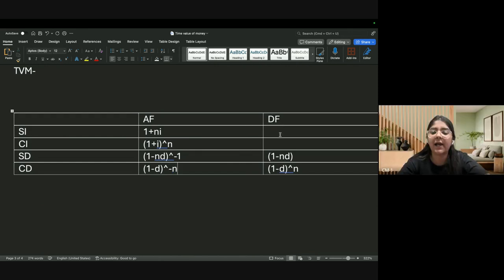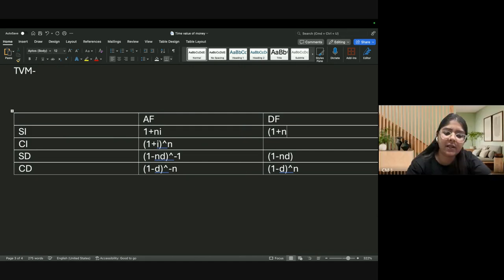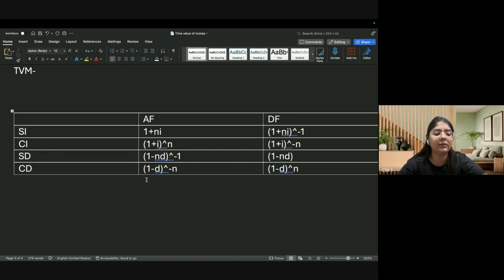And for simple interest, 1 plus ni raised to the power minus 1, and here it will be 1 plus i raised to the power minus n. Understood? This entire table is clear.